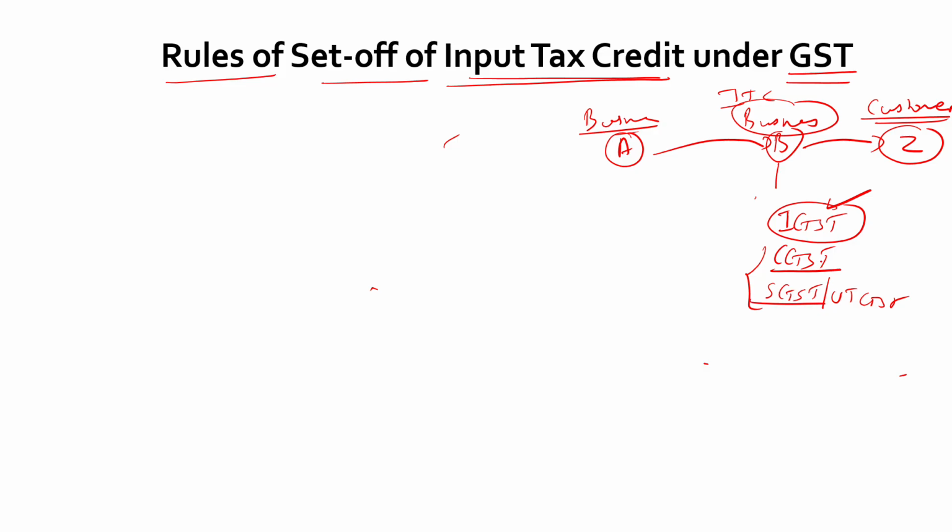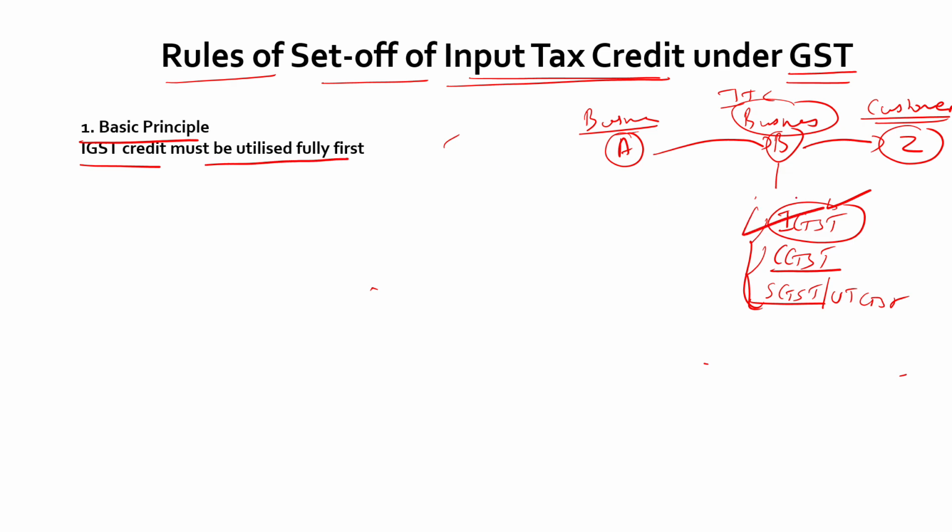So let us understand the basic rules of set off, while multiple GSTs are there. The basic principle we first need to understand: whenever IGST credit is there, it must be fully utilized first. Whatever tax you pay as a businessman, this needs to be utilized first.